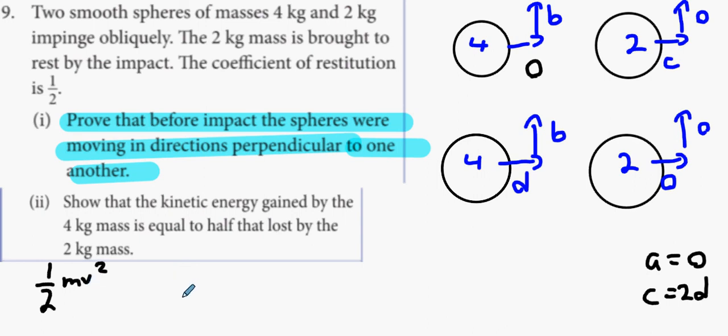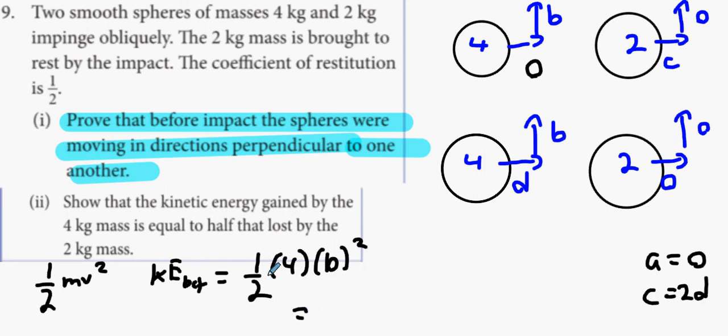KE before is going to be a half times 4 kilograms times b squared. And what we get there is 2b squared is how much I had before the collision.